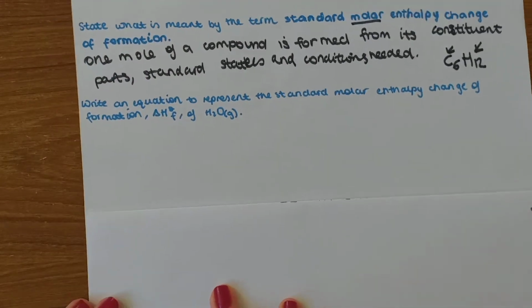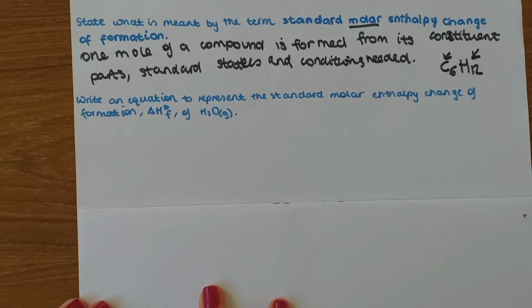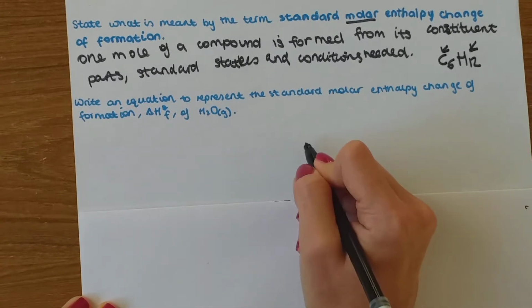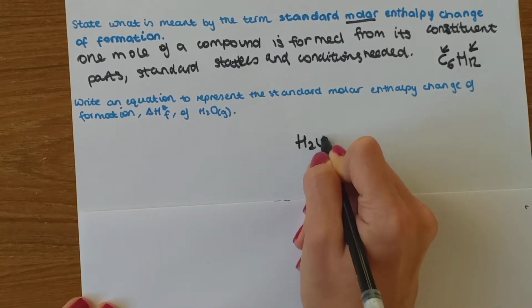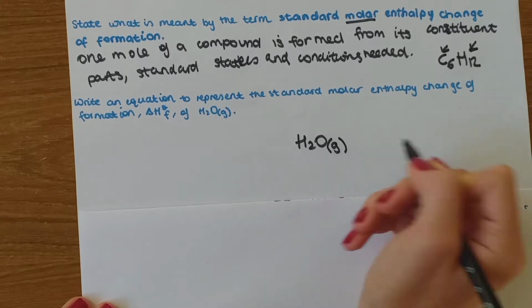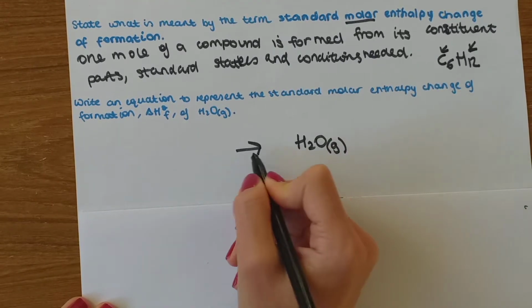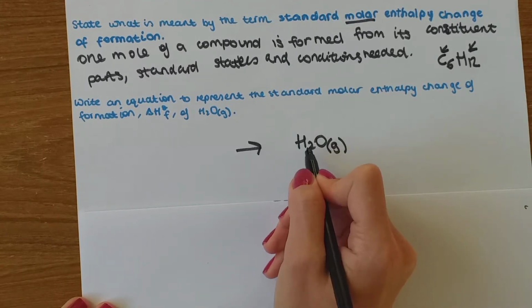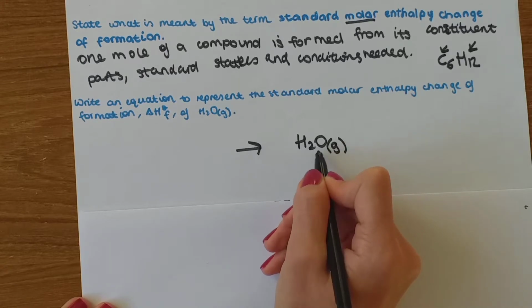The next question says: write an equation to represent the standard molar enthalpy change of formation of water in gaseous state. So as always, we put water, the product, on the right hand side. We draw an arrow and then just see what constituent parts the water has.